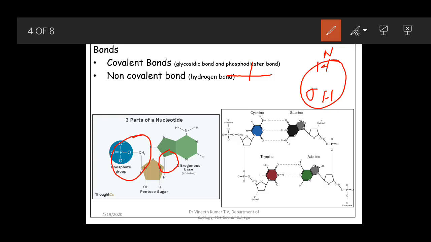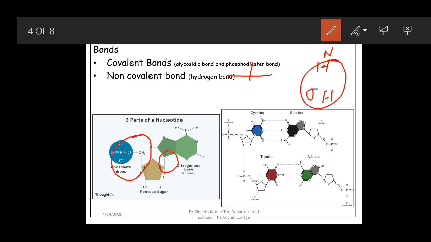Phosphodiester occurs when this nucleotide is paired with, or polymerized with, another nucleotide. You can see something called a phosphodiester bond, as you see in this particular diagram.